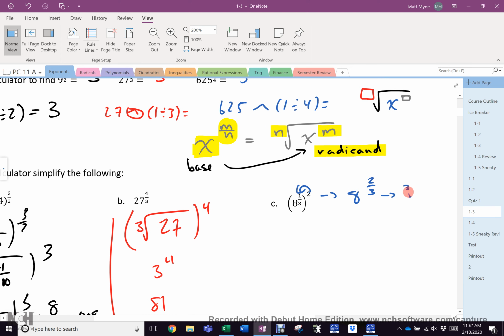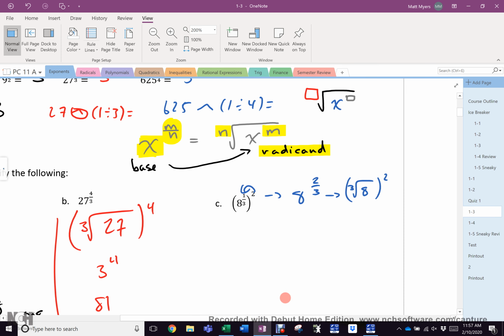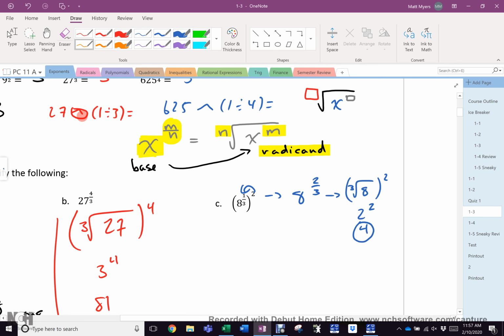And then, of course, you would do what we just did. You would find the cubed root of what? 8, and then you would square it. Now, again, this is what Bea was talking about earlier. 8 has a cubed root, so we can just leave it, right? What is the cubed root of 8? 2. So this will become 2 squared, which will become 4. Right? Everybody cool? Now, the other way you could look at this, if you wanted to, and I'll do this one in orange.